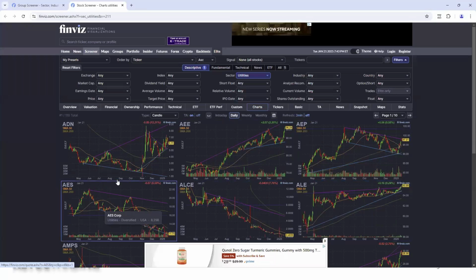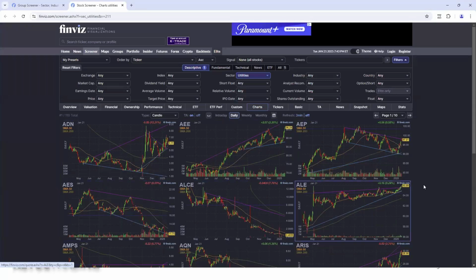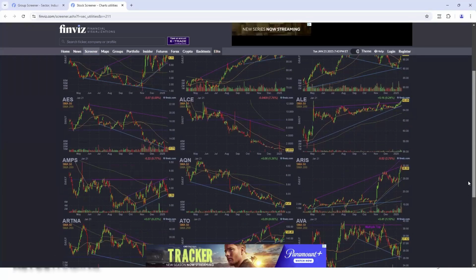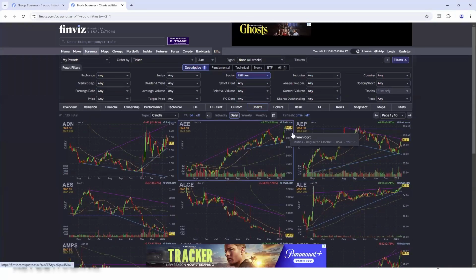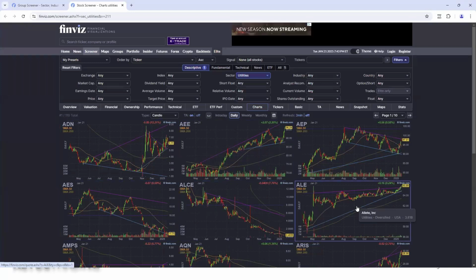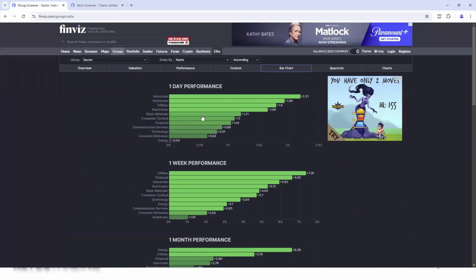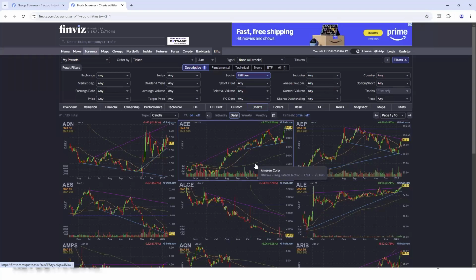But Finviz also allows you to do that. You just don't get our trade trend buy and sell signals and some of the other bells and whistles that come in our Zillion scanner. But you can click on any of these. You can run some different scans. So I just clicked on utilities, and you can see it pulled that sector up there, and can give you some opportunities as well.